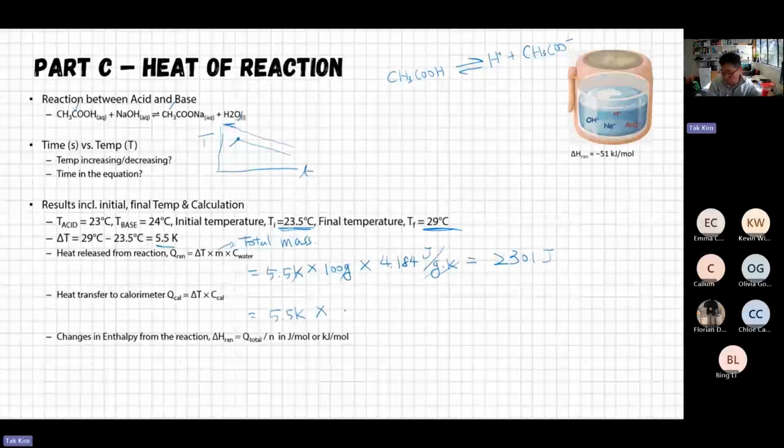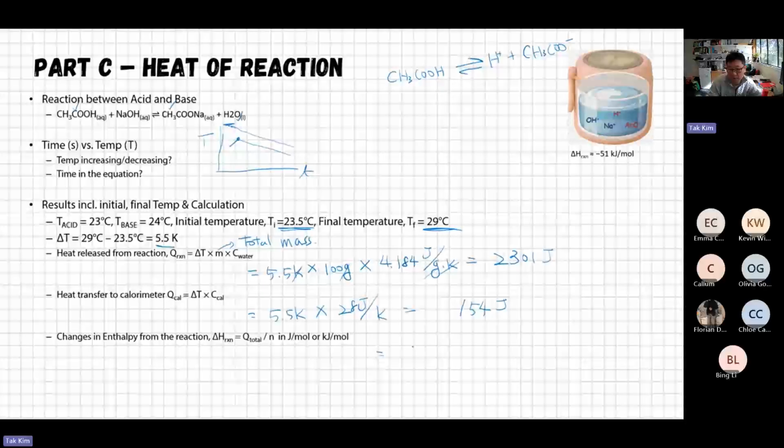And so I had 28 joules per Kelvin, right? So 5.5 times 28. So I have 154 joules.